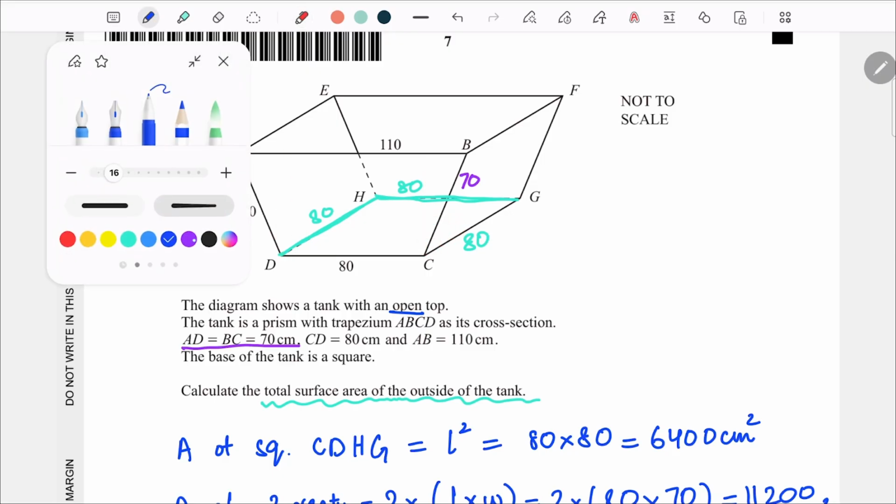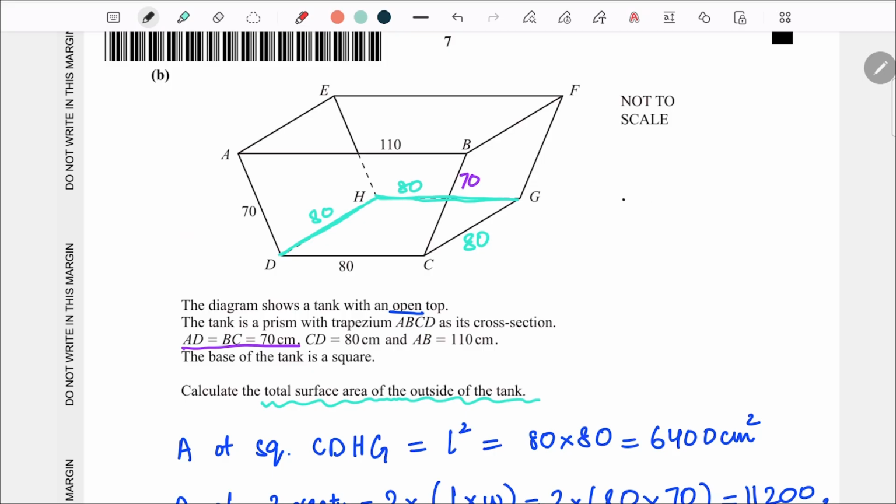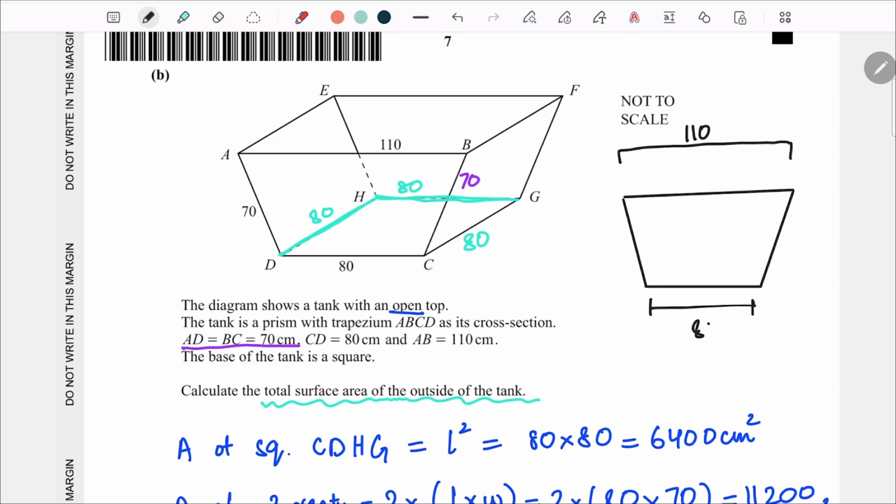If I draw the trapezium on the side, it's somewhat like this, where this whole thing measures 110. This line right here is 80, and these two diagonal sides are 70 and 70.